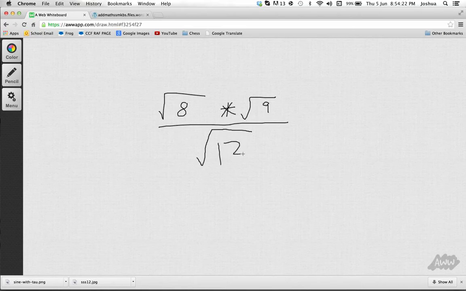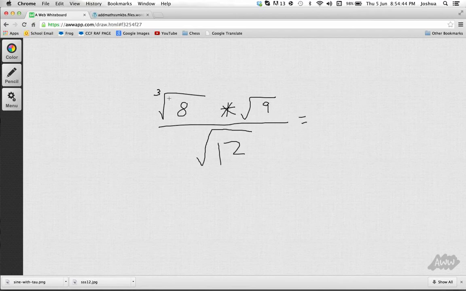So what we do is we just cancel it down. Actually, to make things simpler, I will do a cube root there. Then basically you just simplify this down.